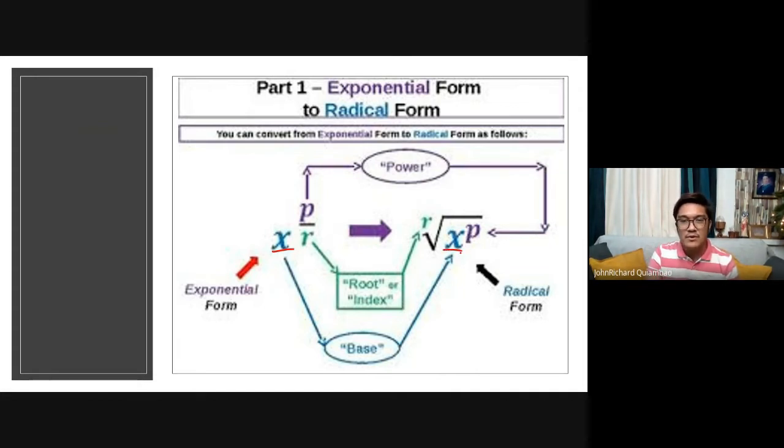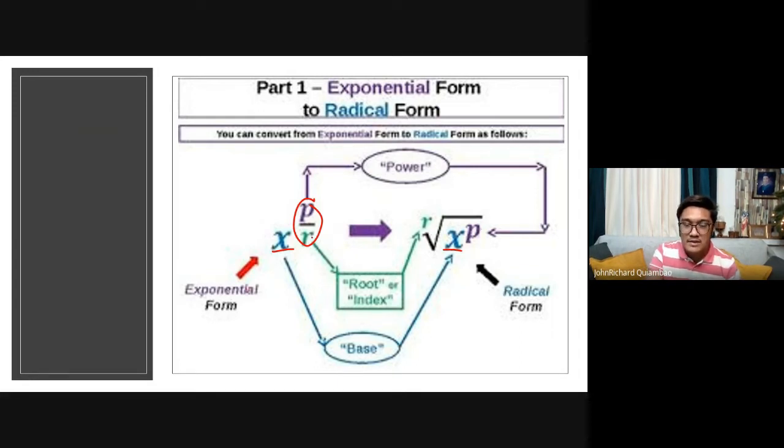Since we have an exponential form, the exponent p over r, the numerator, is the power of the expression. It will be located inside the radical sign. So that will be x raised to p.